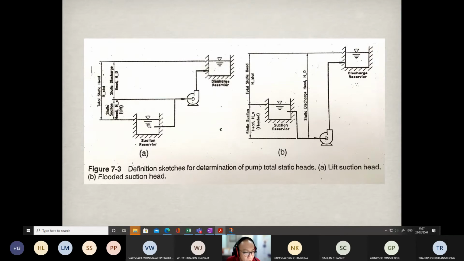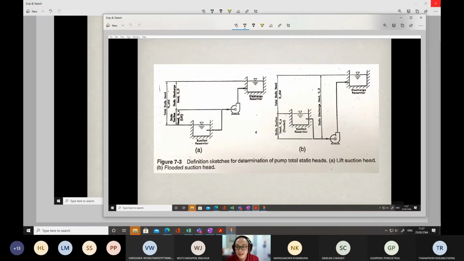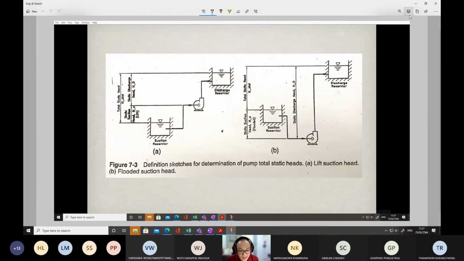So it's basically only by the atmospheric pressure, right? According to figure A, the water can actually get into the casing by the atmospheric pressure, which puts pressure on the suction reservoir. So basically, it's just the absolute pressure.